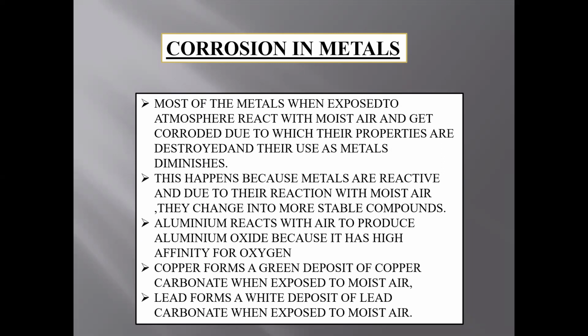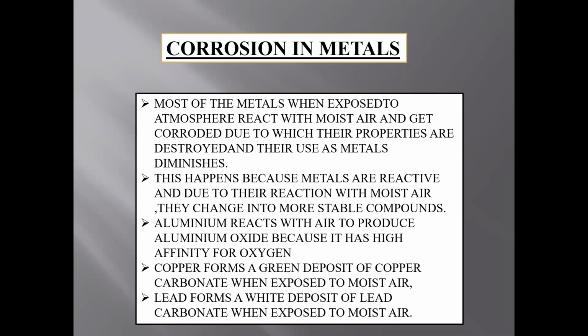And this occurs how, students? I explained to you that it is by means of either gaining or losing electrons or sharing electrons. Last time we read about this and about valency also. So based on that concept, I am explaining this, that metals are reactive, and due to their reaction with moisture, they change into more stable compounds.